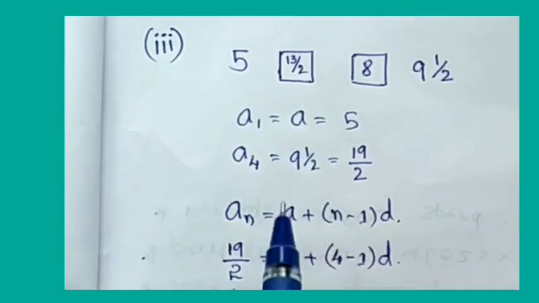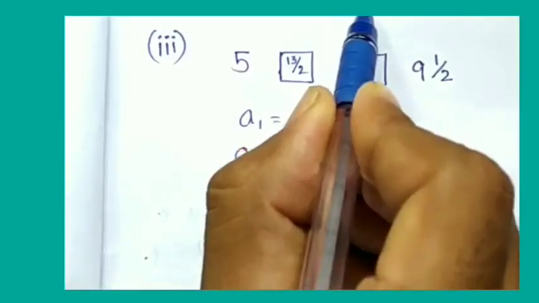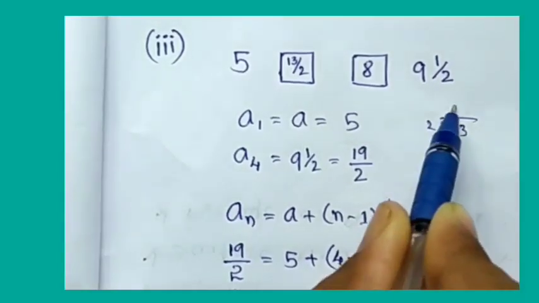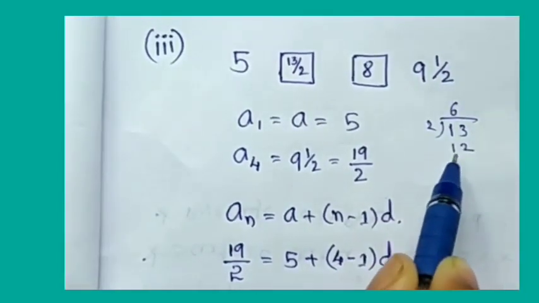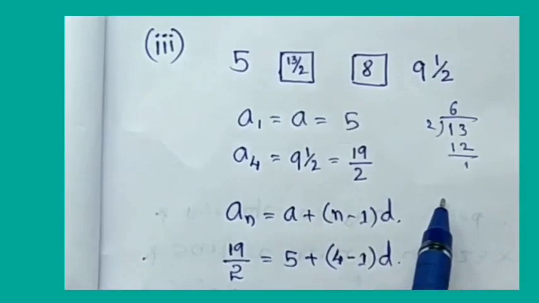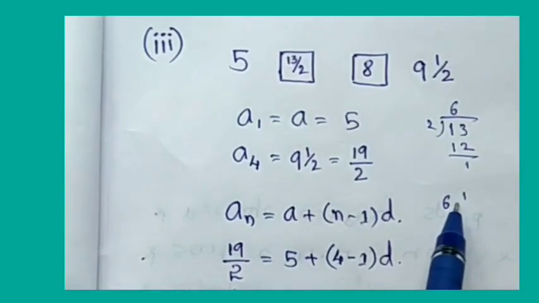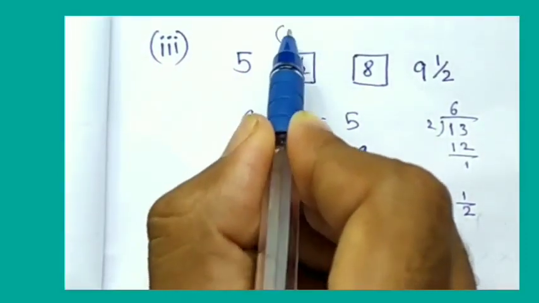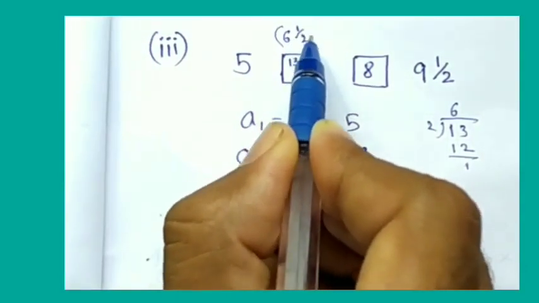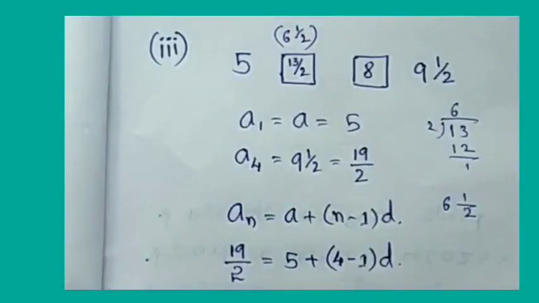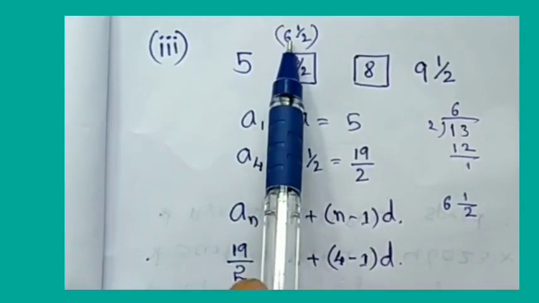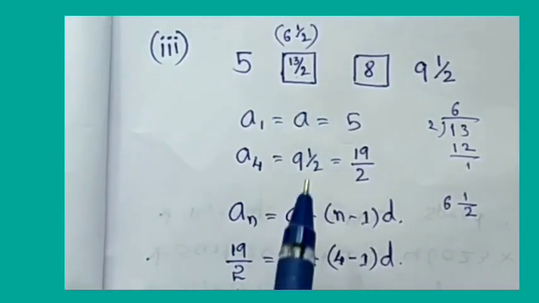How to do it? Just divide 13 by 2. 2 6s are 12. What is remaining? 1. It means 6 integer 1 by 2. So instead of 13 by 2, you can write 6 integer 1 by 2 also. Okay, so if in the back they have given 6 integer 1 by 2, it is also right. 13 by 2 is also right.